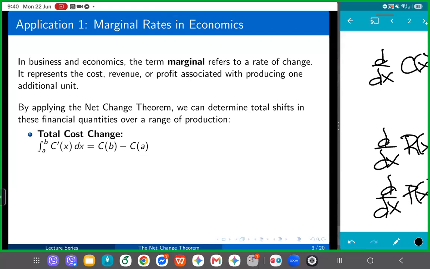Okay, let's say I am producing currently say 100 units of the product and I'm thinking of increasing production to 150 units. So the question is, how much cost will be added on top of the cost I am spending now on producing the original quantity of 100 units, right?